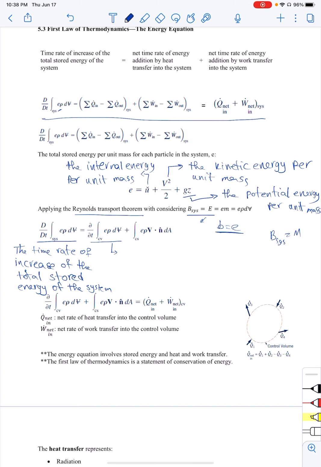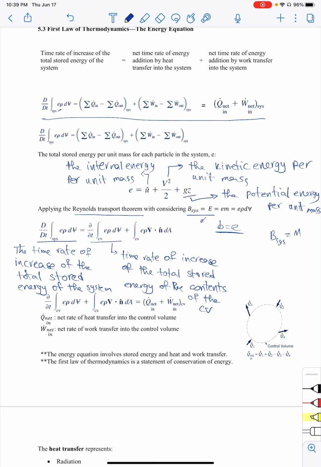And this term right here is the time rate of increase of the total stored energy of the control volume, right? It's the integral over the control volume.